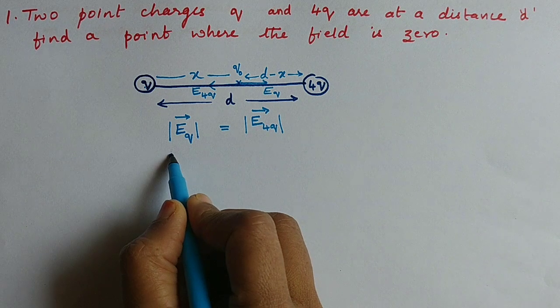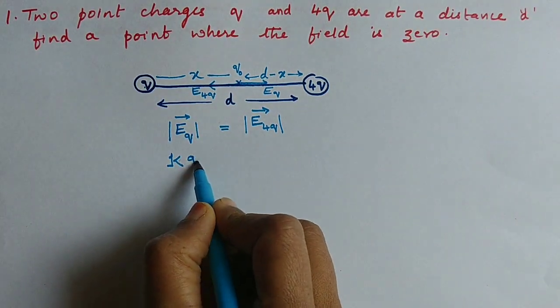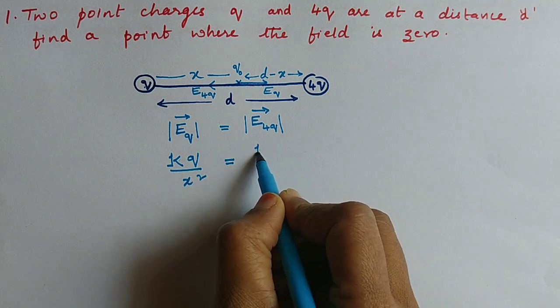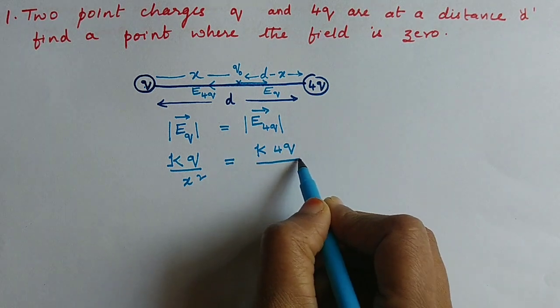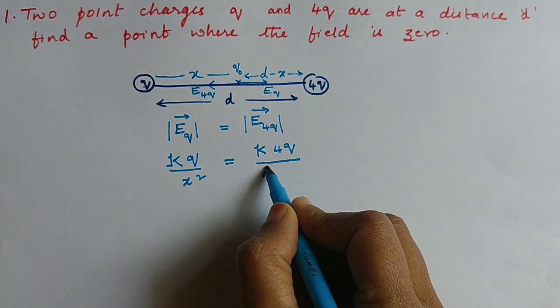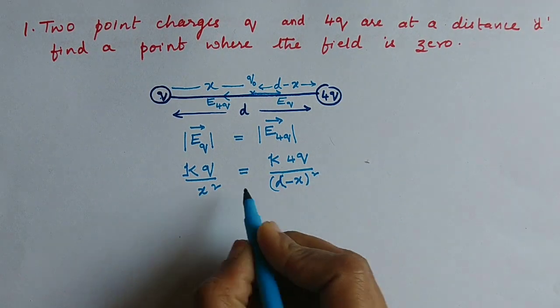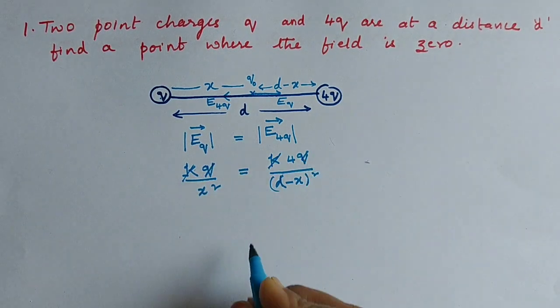And we know for a point charge, it is kq by r square. So for small q, it is k into small q by x square. That should be equal to k into 4q due to charge 4q by d minus x whole square. Now equate them. 1 by 4 pi epsilon naught gets cancelled. Q also gets cancelled.